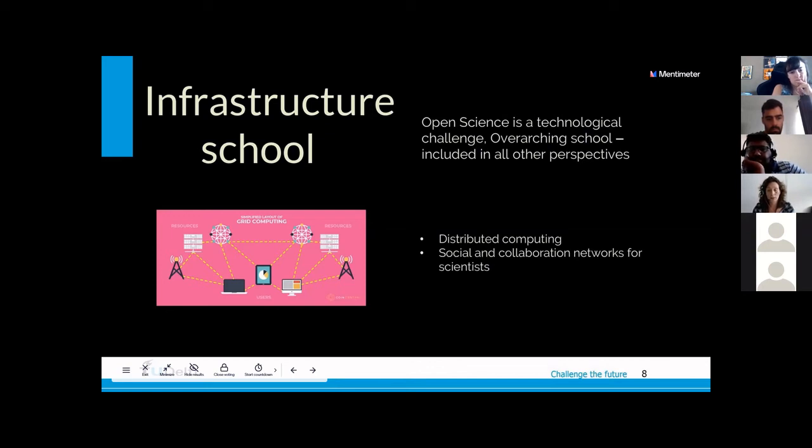And in the book, two major examples are stated. One of them is distributed computing, and the other one is all kinds of networks and platforms where scientists can work together and socialize, make networks, and also collaborate together.